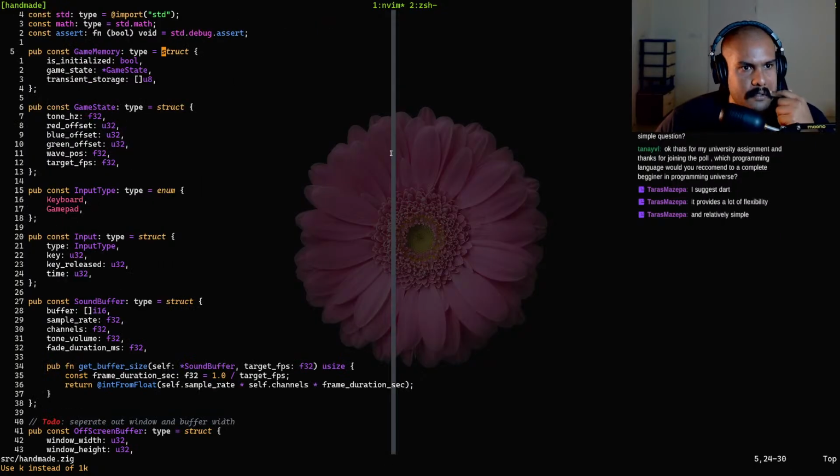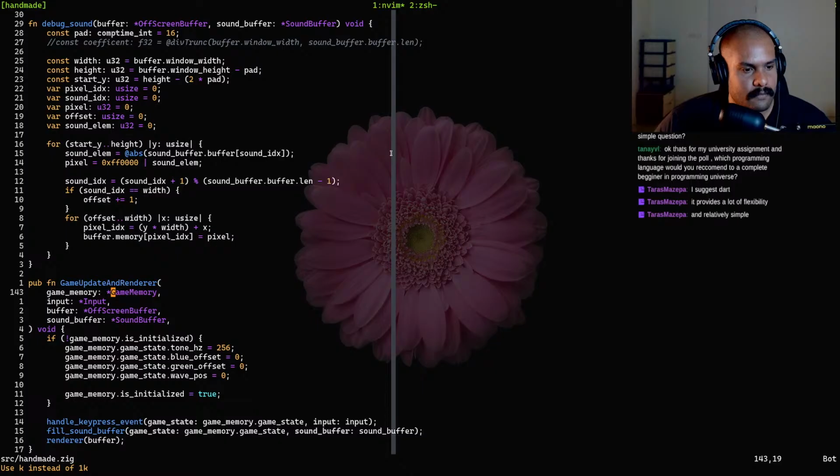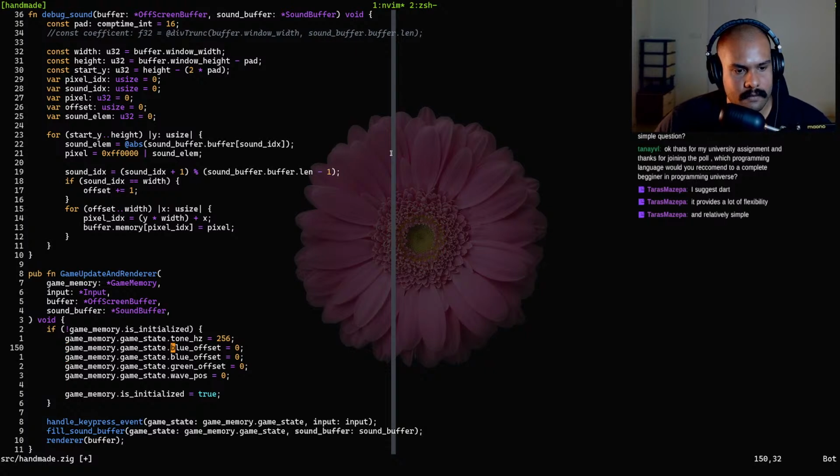What is game memory? Okay, right there. Red offset. Let's make it red. OX should be red.